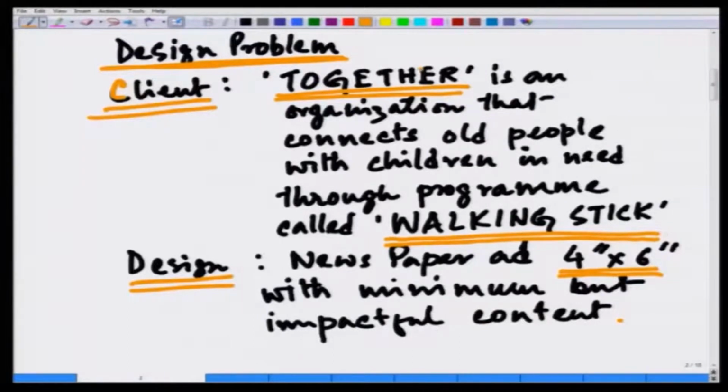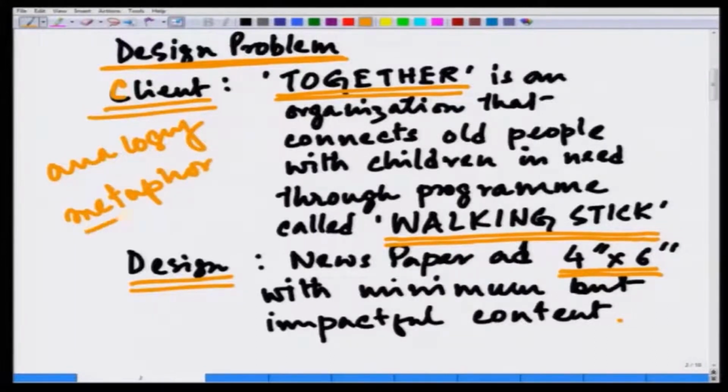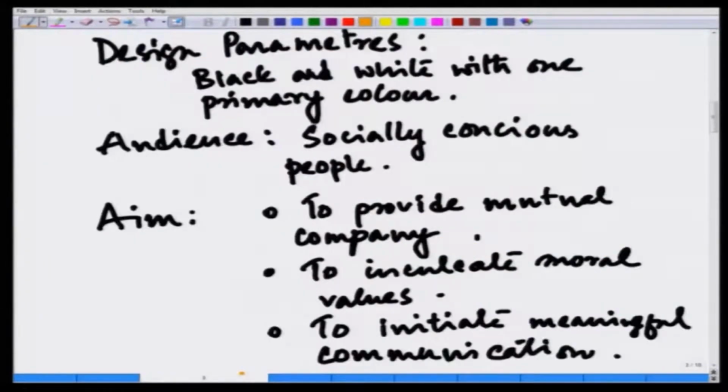These are the two considerations that we have, and we first try to figure out the different analogy and metaphor to support these two concepts. Then the design parameters or design constraints are also very important.